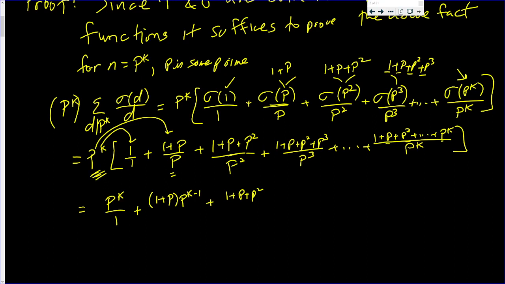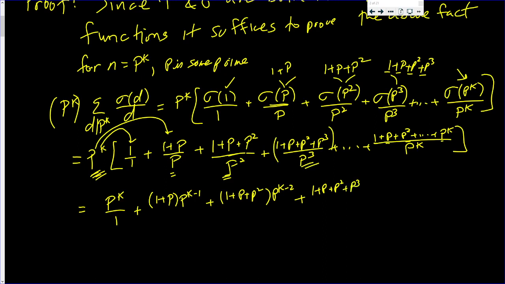And once again, p to the k over p squared is p to the k minus 2, plus 1 plus p squared plus p cubed.